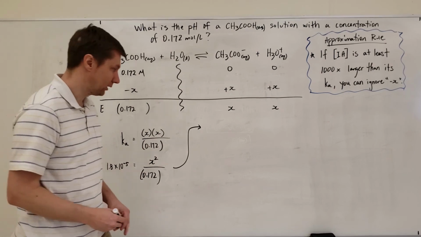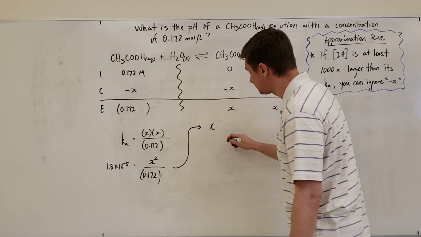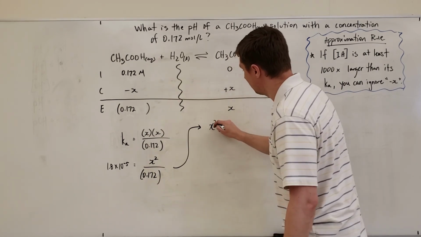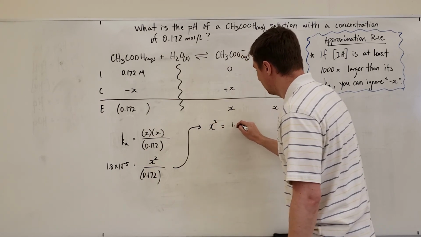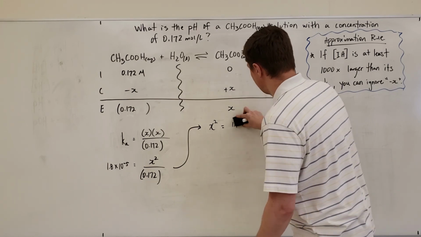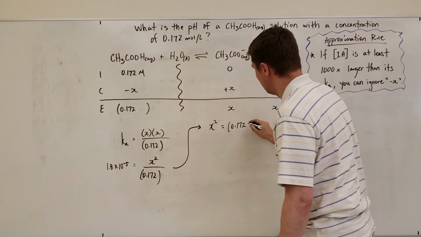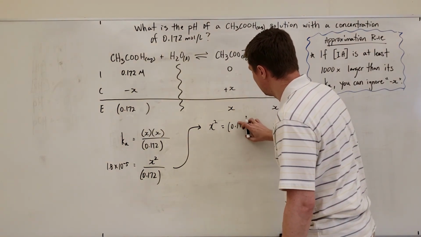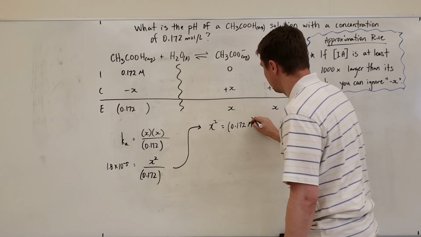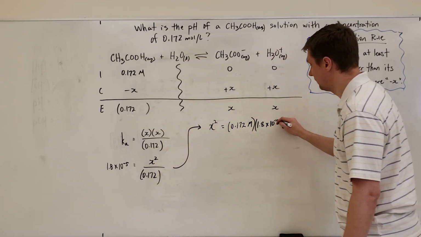If I rearrange this to solve for x, x squared is equal to 0.172 moles per liter times my Ka value, 1.8 times 10 to the negative 5.